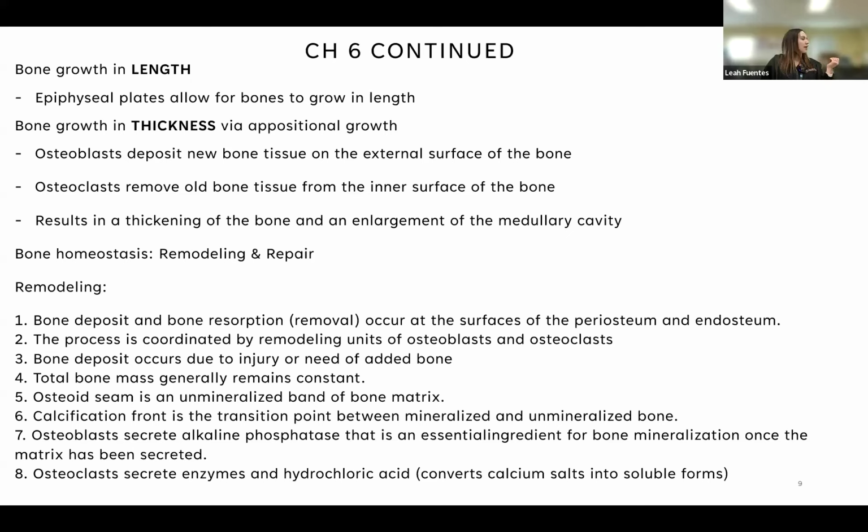And those osteoblasts secrete alkaline phosphatase, which is an essential ingredient for bone mineralization. And then the osteoclasts secrete enzymes and hydrochloric acid. And this is bone remodeling.